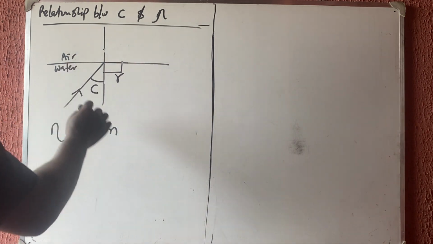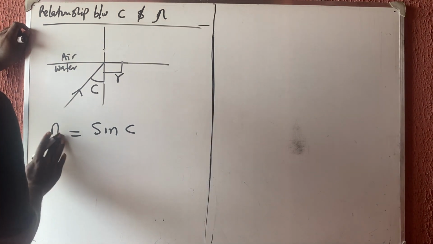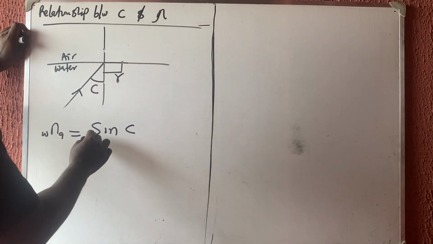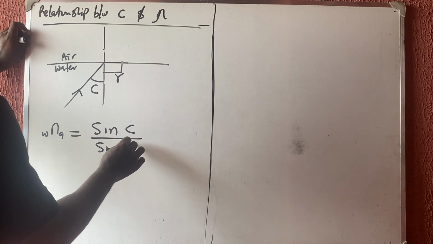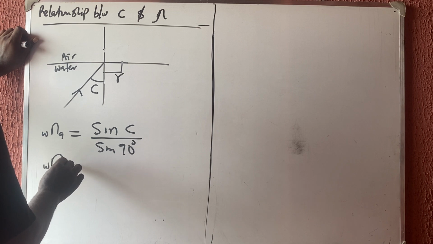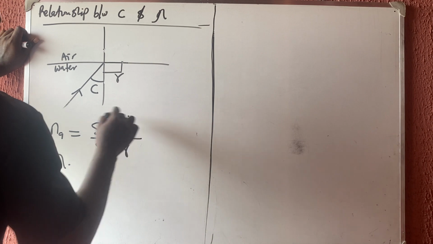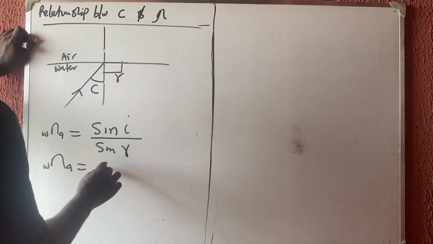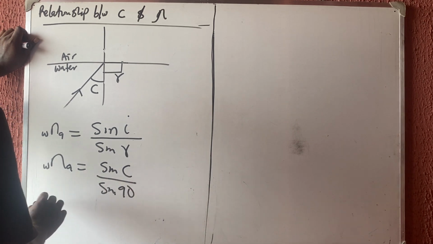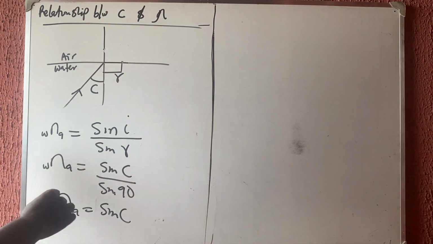It's coming from here, so sine C. Let's use it like this: n from water to air is equal to sine C over sine 90. And sine 90 is 1. So therefore, my n of water to air is equal to sine C. Very, very important.